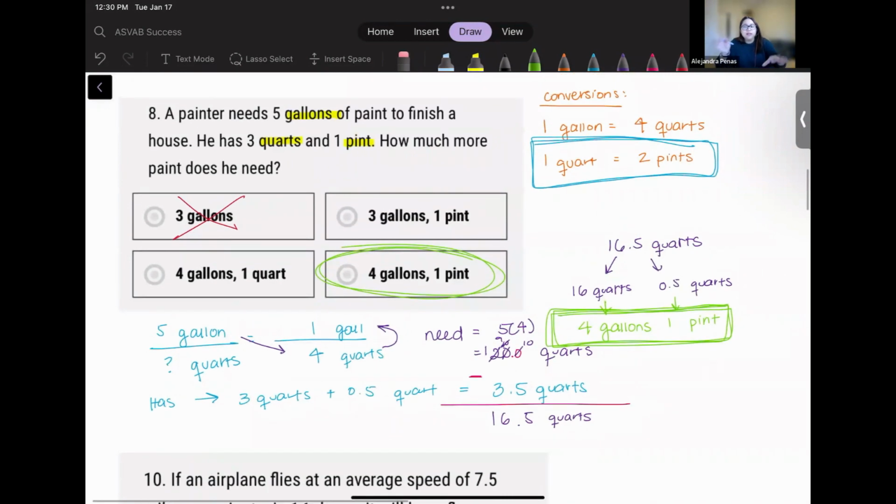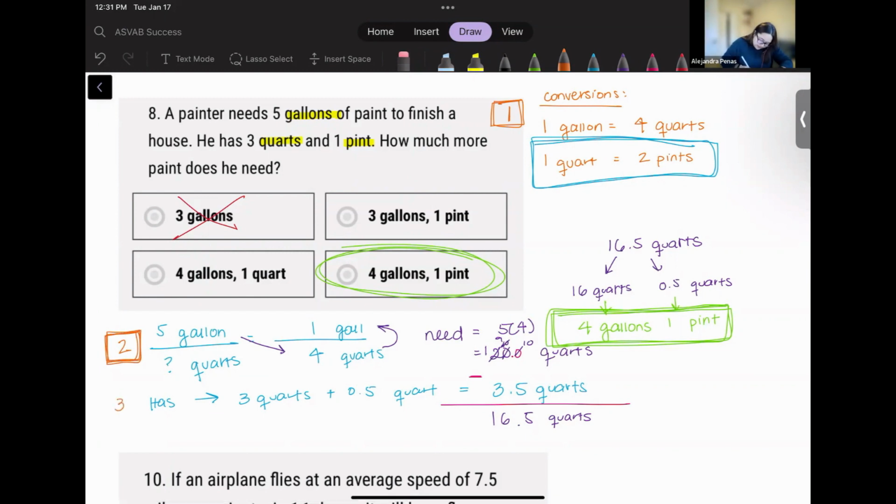So I know this one kind of was bouncing back and forth between conversions, so let me just rewind and re-explain. Step number 1, I wrote down my conversions because I knew I was going to need them. Step number 2 was to convert the number of gallons that he needs. I converted that to quarts.